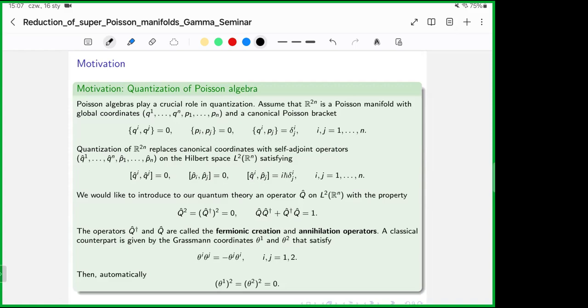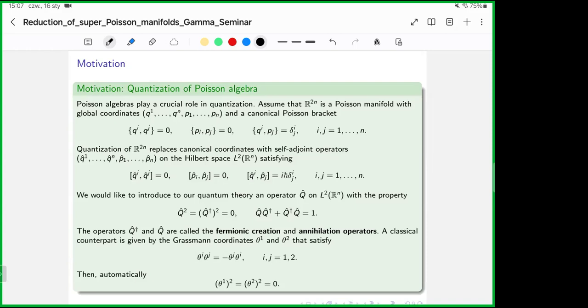And then on this manifold, we have a canonical Poisson bracket. So canonical quantization replaces canonical coordinates with self-adjoint operators acting on the Hilbert space of quantum states. And then commutators of those self-adjoint operators correspond to Poisson brackets of these coordinates on R^2n.